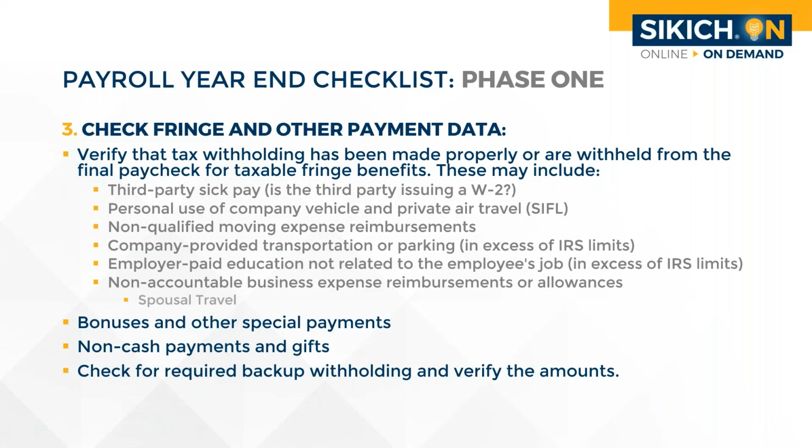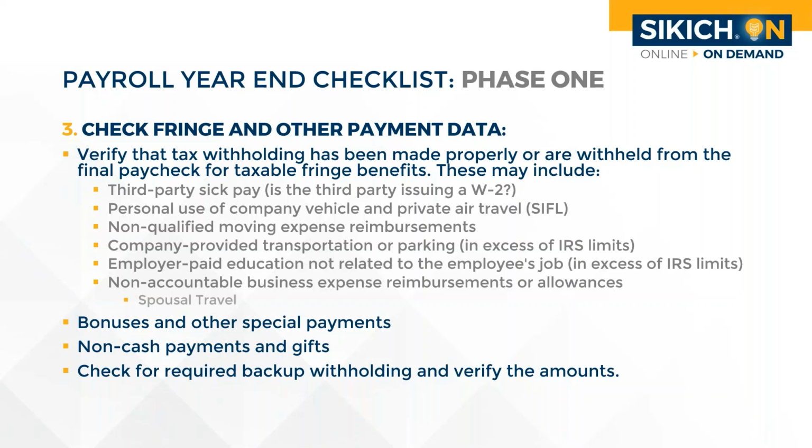It's very important to look at your fringe benefit checklist. Make sure that all the taxable withholdings have been properly updated. Some of the areas where I recommend that you go through and update them, paycheck by paycheck, month by month, quarter by quarter, are amounts such as the ones listed here that I'm going to go through.